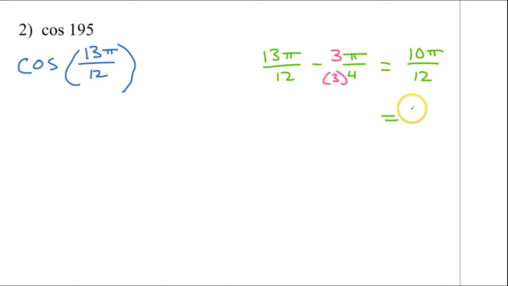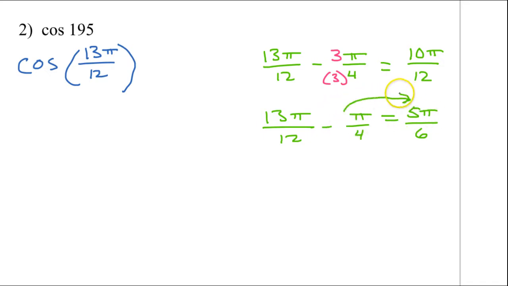This is going to reduce down to 5 pi over 6. So that means 13 pi over 12 minus pi over 4 is equal to 5 pi over 6. Now, adding pi over 4 to both sides, I have 13 pi over 12 is equal to pi over 4 plus 5 pi over 6. So this is the equation I'm going to use to split this apart.